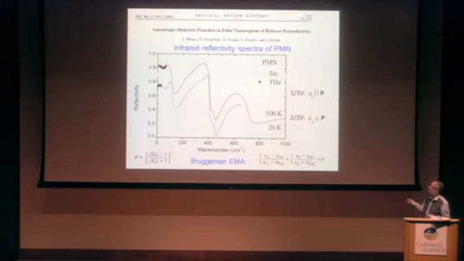And at that time, we used the Bruggeman effective medium approximation, which took into account that the PMN crystal practically consists of polar nanoregions or polar nanodomains, with no non-polar matrix, only such domains. 1/3 of the volume has this permittivity, and 2/3 of the volume has a different permittivity.